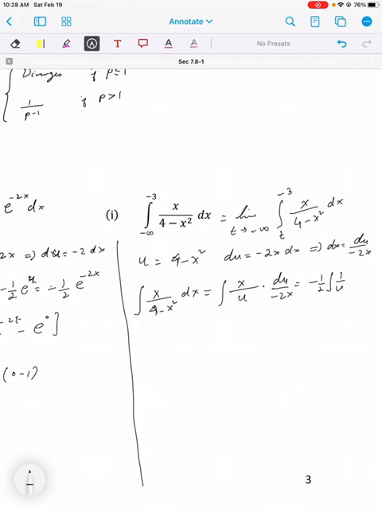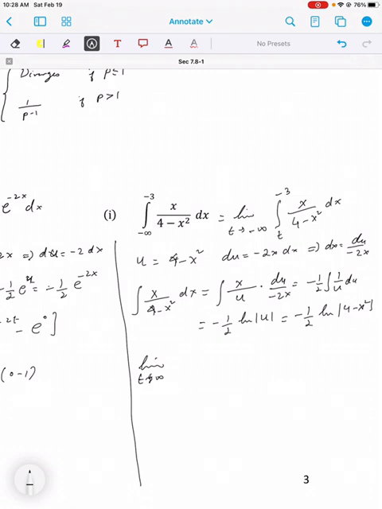So this will be equal to the limit as t goes to negative infinity of minus 1/2 times ln of the absolute value of, now this will be 4 minus 9, but notice here that's why the absolute value is important, because we are going to get a negative 5 inside the logarithm, and the logarithm of negative numbers does not exist, but the absolute value will make it positive. And then minus ln of 4 minus t squared.